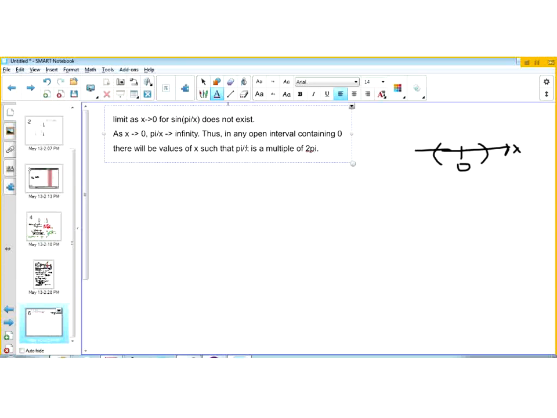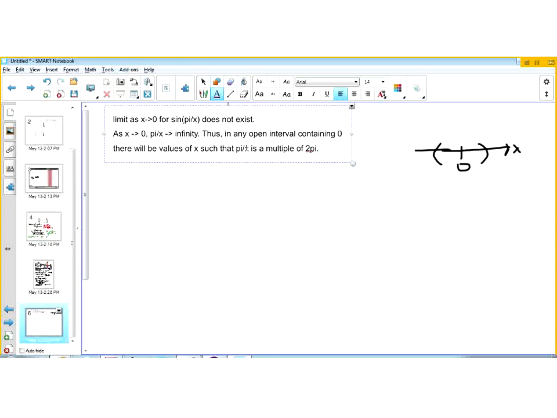Okay? So in particular, if I choose x to be, say, 1 over 2 pi squared, or how about, say, x equals a half?